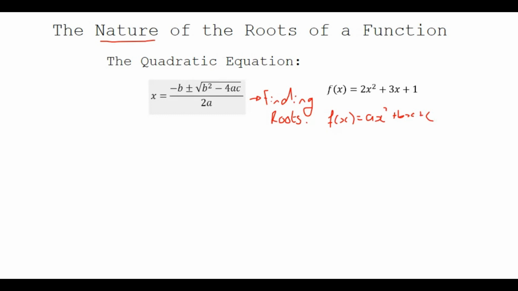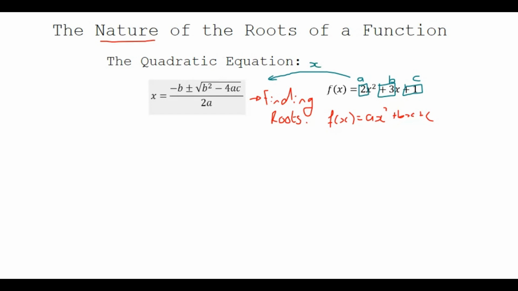So what it's actually telling us is we have an a, we have a b, and we have a c. a is the coefficient of your x squared, b is the coefficient of your x with its sign, don't forget the sign, and c is your constant with its sign. Alright, fantastic. So, if we had to sub that in, it would go in there, and we would be able to find our root, which is x. Okay, so that's finding the root.